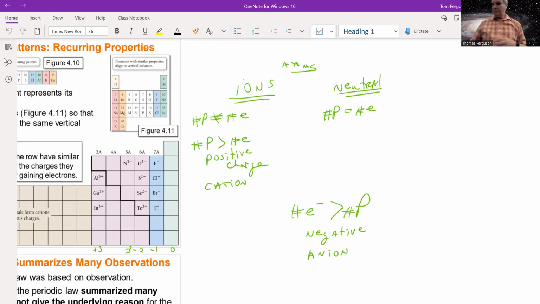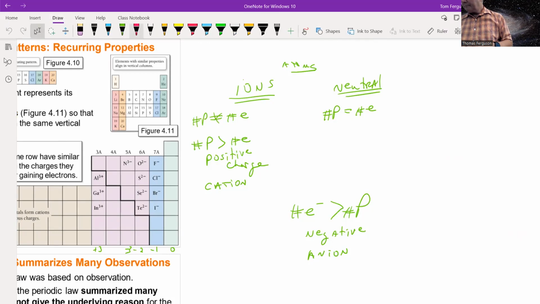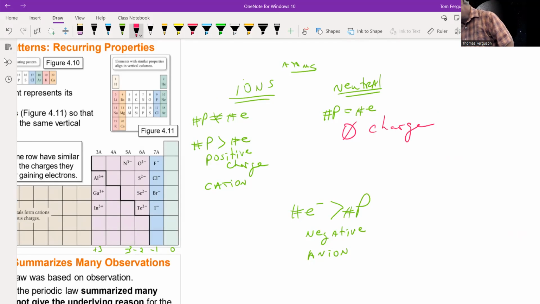That means there's no charge. That's because the charged particles balance one another. Protons are positive, electrons are negative. When those numbers are equal, there's no net charge. So the atom is neutral.